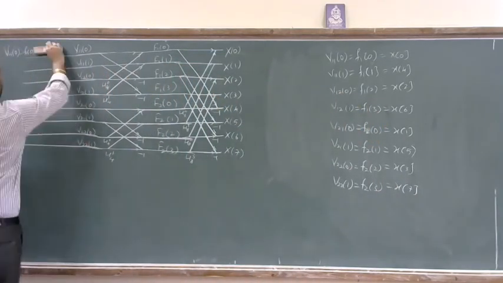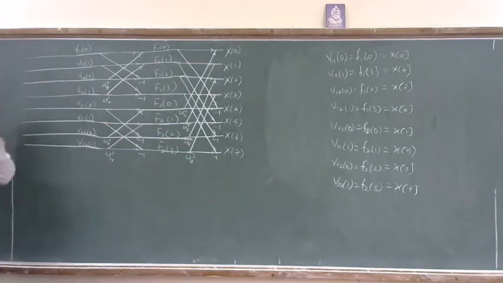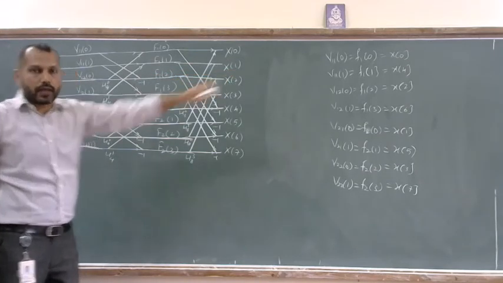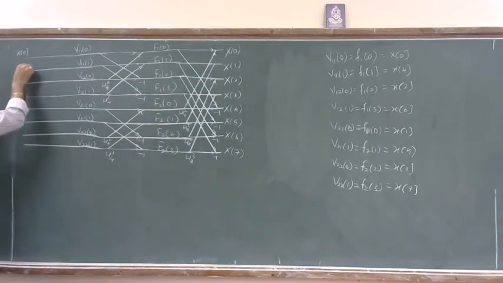So instead of writing all of them, I'll use the original sequence. First sample will be x of 0. Second sample will be x of 4. Third sample will be x of 2. Fourth sample will be x of 6. And likewise, x of 1, x of 5, x of 3, and x of 7.